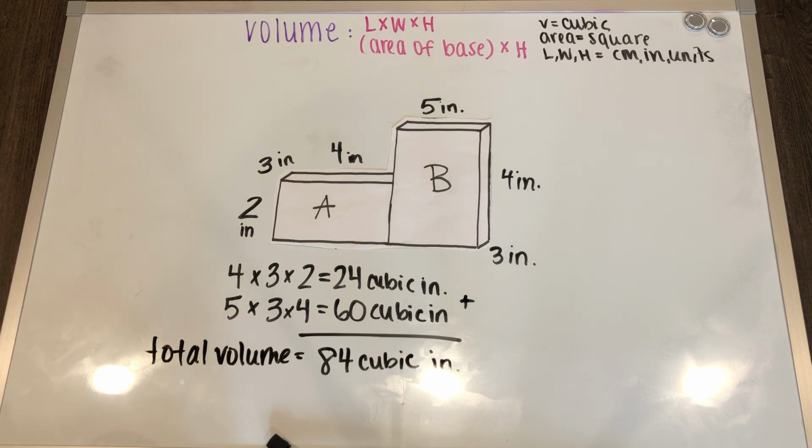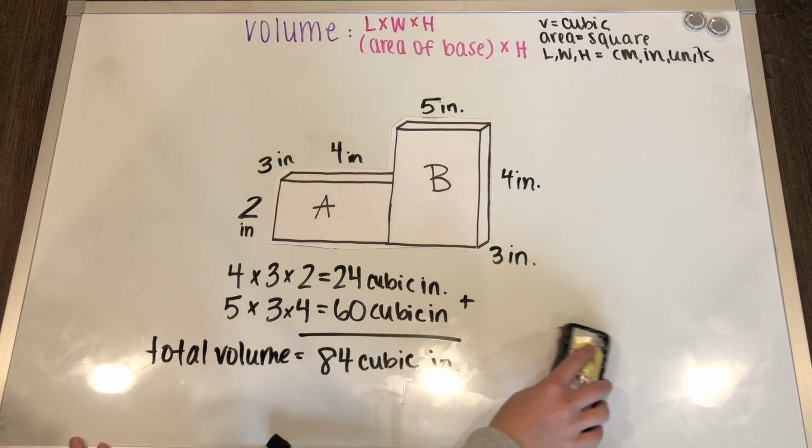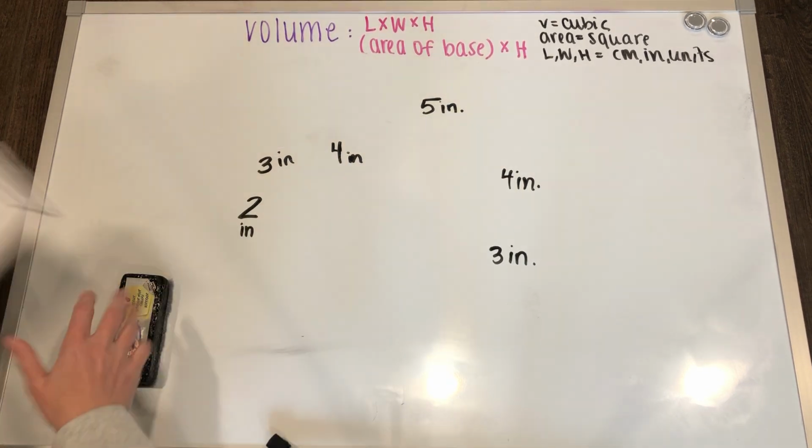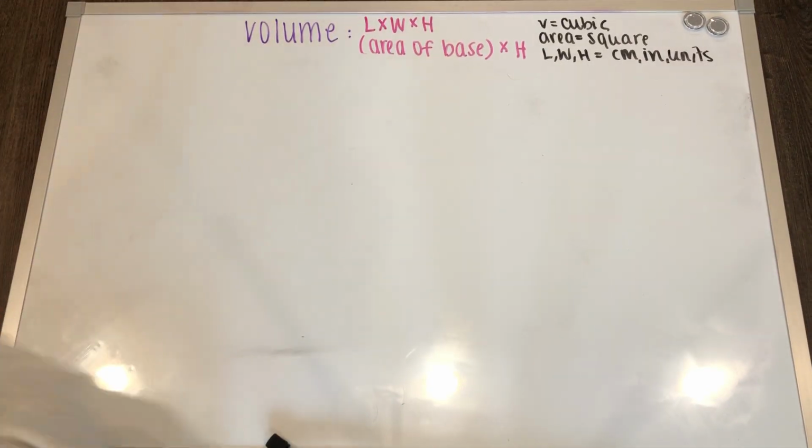Okay? So something else that you may see is trying to visualize, when you have a couple different prisms, what it would look like if you put them together. So let's say that you're given two different prisms.